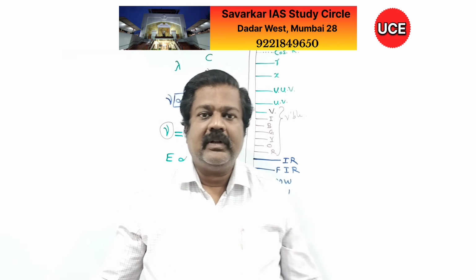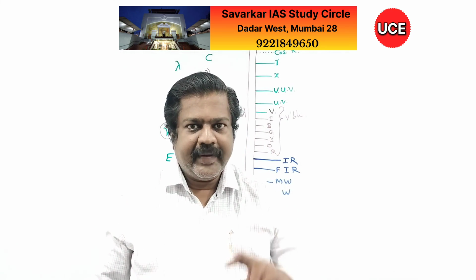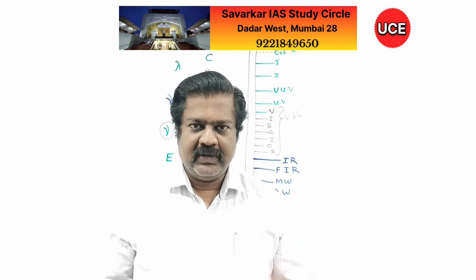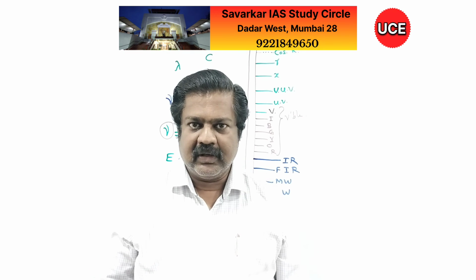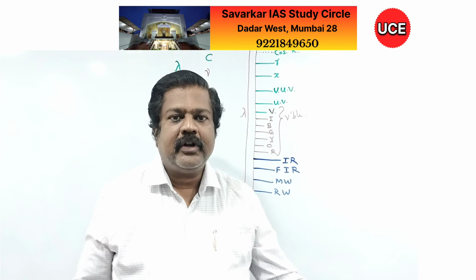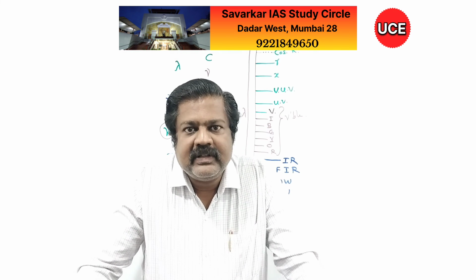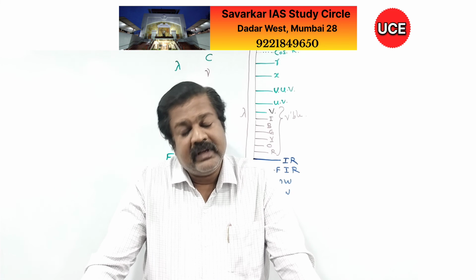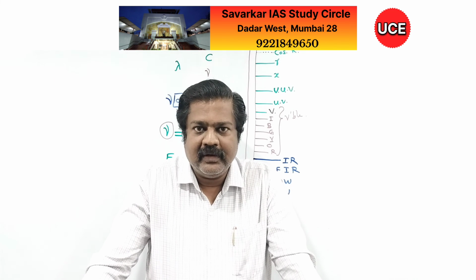So why does a particular element emit only a particular wavelength? For example, potassium will emit lilac color, calcium will emit apple green color. Why does a particular element emit a particular color only? This is not explained on the basis of J.J. Thomson's atomic model as well as Rutherford's atomic model.